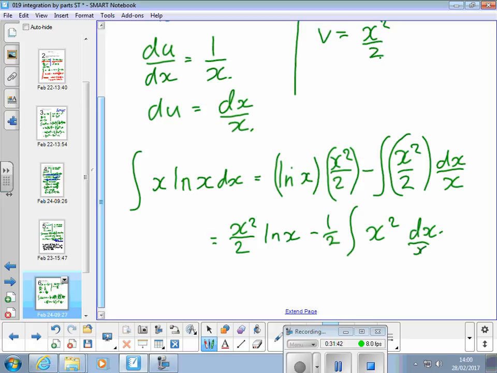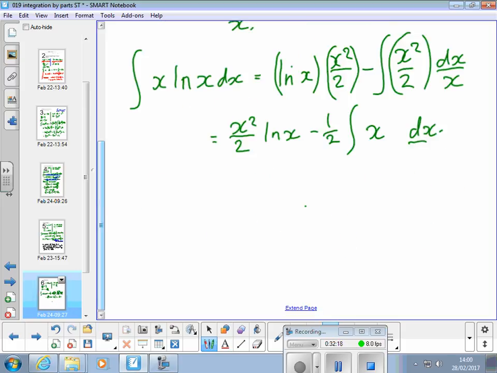What can I do now in here? I've got x squared times dx over x. That can go, and that can go. So it equals x squared over 2 ln x minus a half.